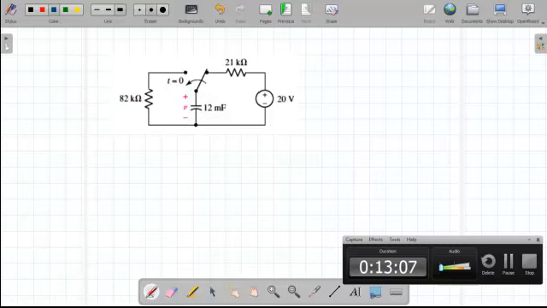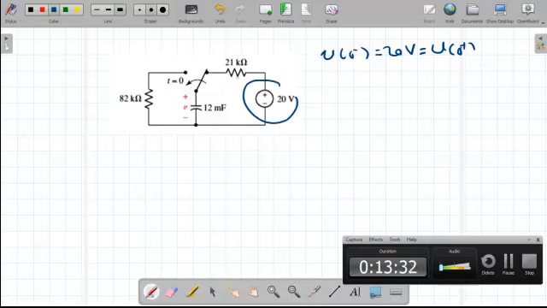Because the switch was to the right, V0 minus will equal 20 volt, and we know that V0 minus will equal V0 plus, because the capacitor was charged to reach the source voltage, because when this is connected, no current flows here. So this point is at the same voltage as this point.